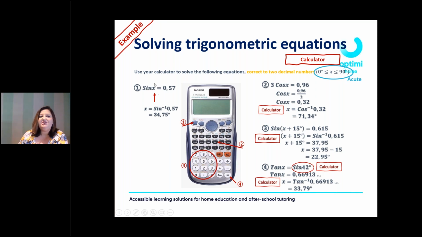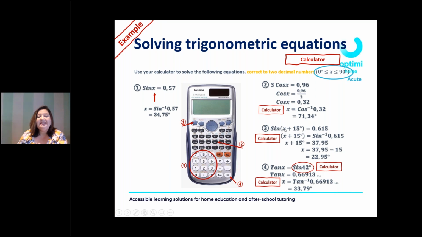Right, so let's just recap what you should have learned from each of these examples. The first one was just to show you how to actually use your calculator to find your angle. So if you have something multiplying in the front or something adding or something subtracting at the end, you need to get your trigonometric expression alone on the left-hand side before you can carry on.